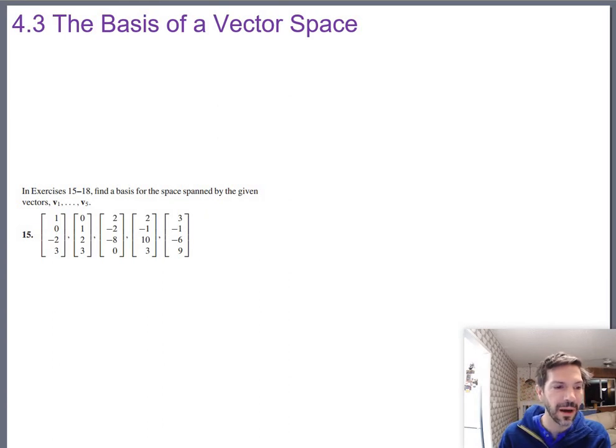So I am not going to finish this one out for you, but you would dump this as a 4 by 5 matrix into a calculator, row reduce, pick out which ones are the pivot columns, and if the pivot columns end up just being number 1 and number 4, then you'd say those 2 are the basis and the other 3 are all extraneous. They're all linearly dependent from those 2, or whichever ones they end up being.